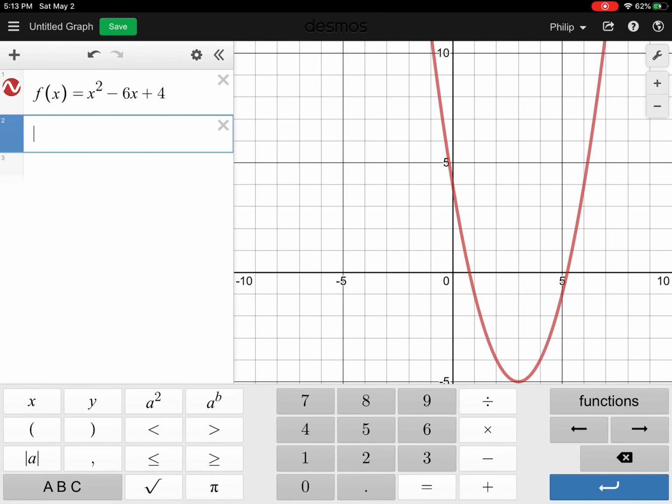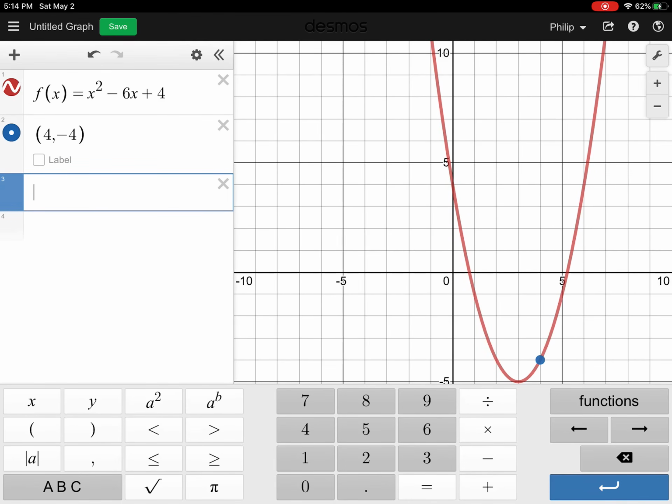Okay, so there's our function that we had. Let's highlight the point (4, -4). And let's enter in the tangent line equation that we just came up with, just to see if it seems to visually align with what we found algebraically.